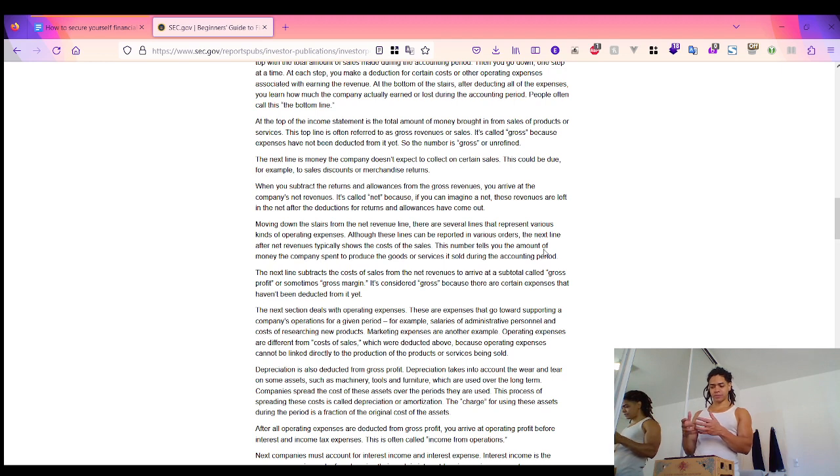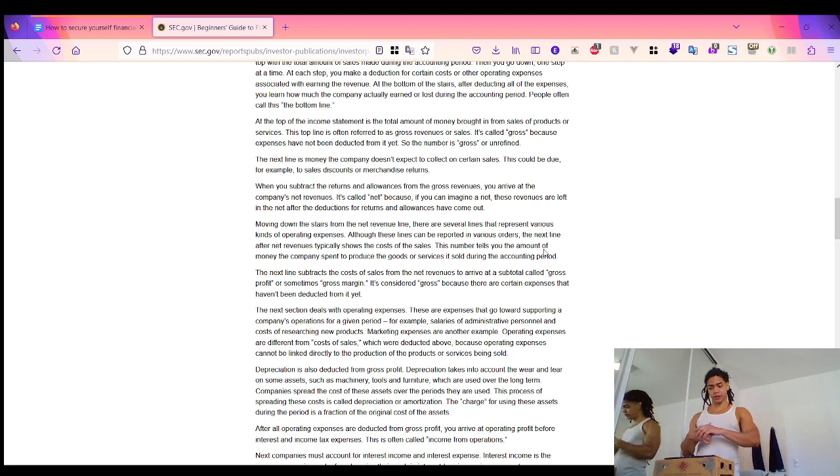Moving down the stairs from the net revenue line, which in Spanish is called ganancias netas, after you've made the deductions for allowances and returns, and for sales or money that you don't expect to collect.